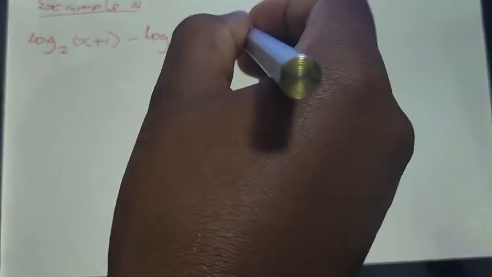Yeah, so this should be example 4, where we are saying log base 2 of (x plus 1) plus 2 minus log (x minus 4), base 2, should be equal to 3.